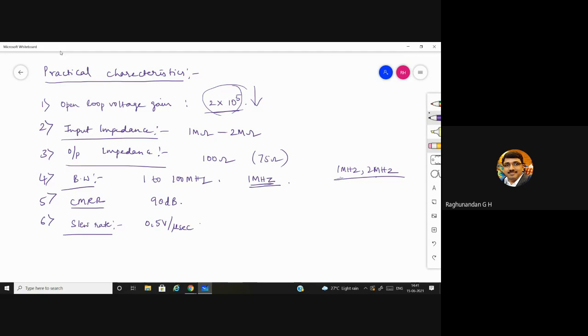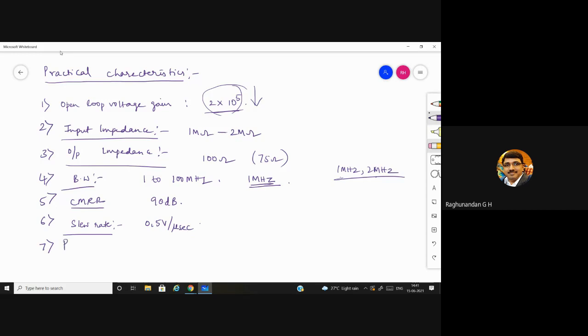But we cannot observe through our eyes at the microsecond level. So we will think that yes, I'm increasing here, there it is increasing. But when you observe with some instruments, we'll come to know. This is the slew rate.